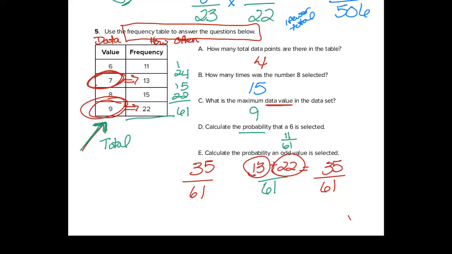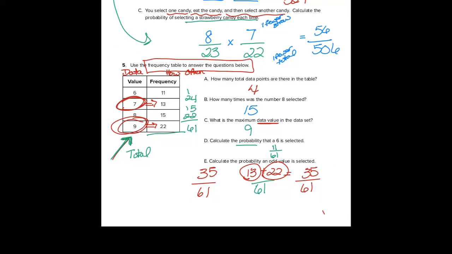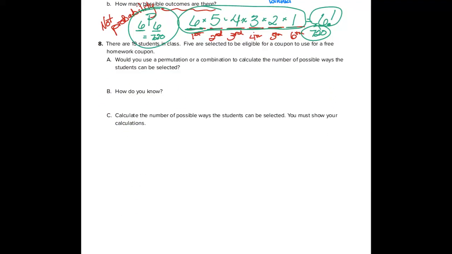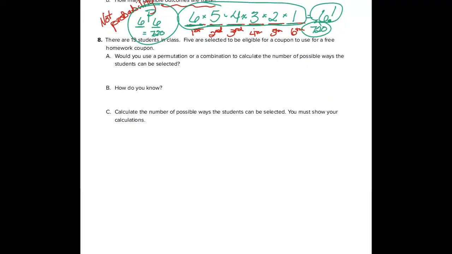All right, I think someone asked for problem number 8, so let's see if we can find 8. All right, here we go. Number 8: there are 19 students in class. 5 are selected to be eligible for a free homework coupon.